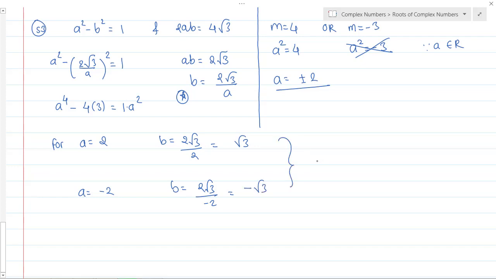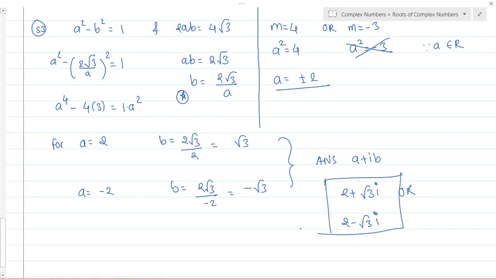Combining these two, what is the answer to the question? It is a + ib. So this becomes 2 + √3 i, or 2 − √3 i. This is the answer for the question. Let me put this in a box. That's it. It's very, very simple.